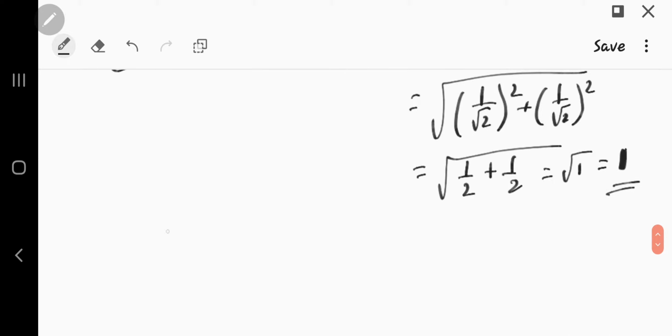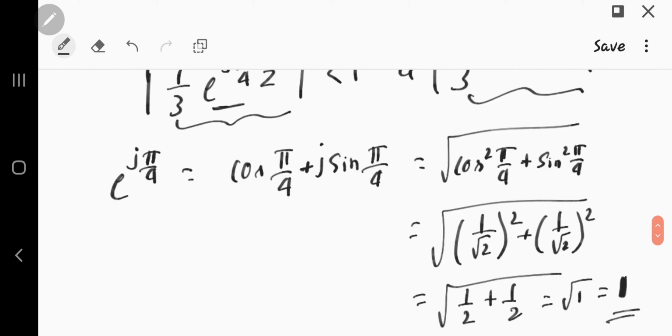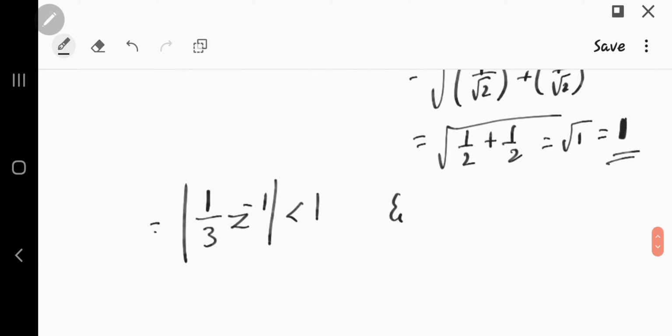So it will remain with 1 by 3 z inverse less than 1. If you take this one, you will get the minus sign, but whether it is plus or minus, you can apply a square plus b square only. So again for e power minus j pi by 4 you will get 1.